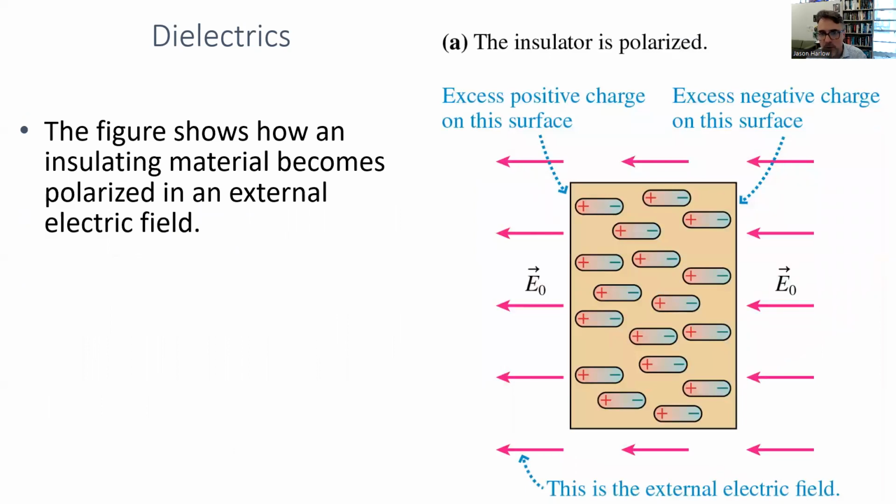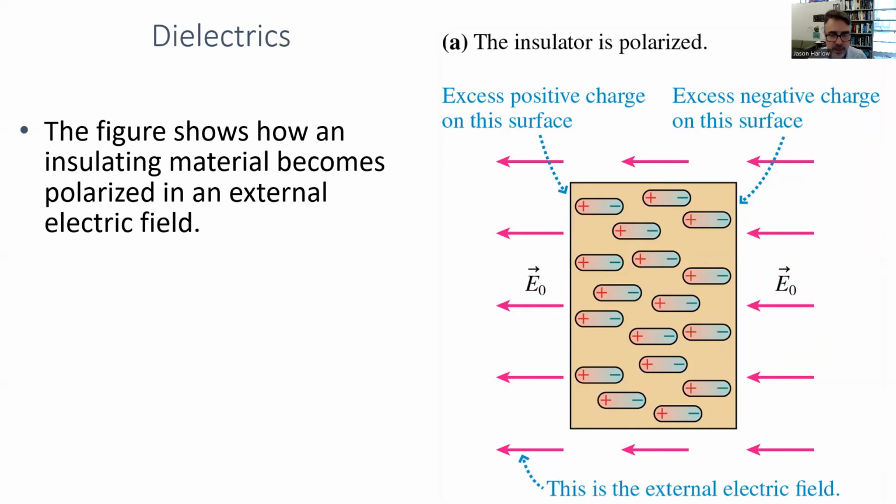Okay, so you know that an insulator can be polarized. If you place an insulator in an electric field, then it will stretch apart all of the atoms inside the material.